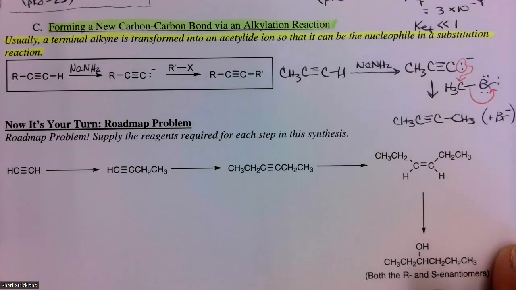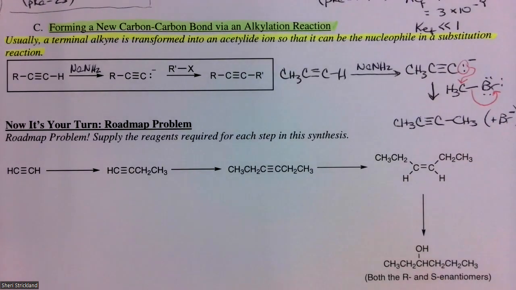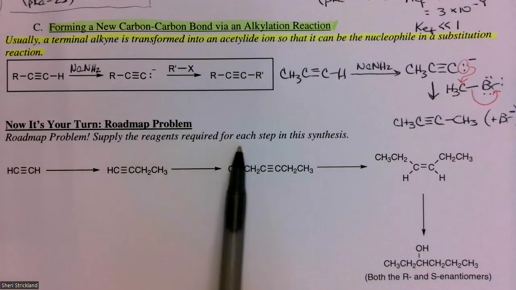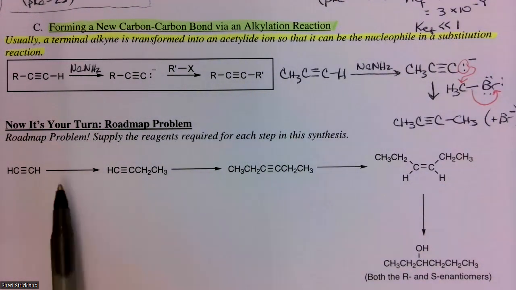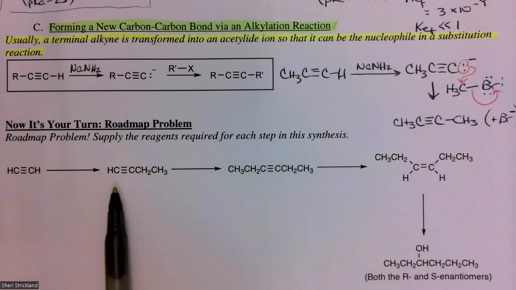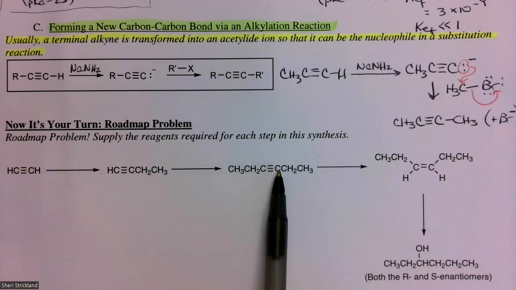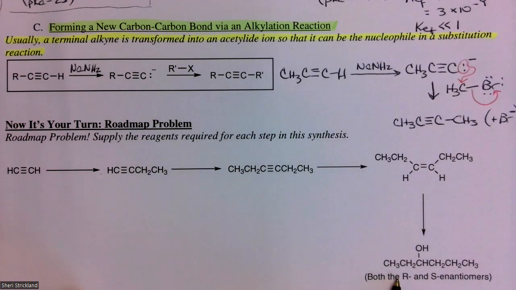Okay. All right, so this is a roadmap problem. What I want you to do with this is to supply the reagents required for each step. In a roadmap like this, I can ask you to supply the reactants, or I could give you the reactants and ask you to supply the products along the way.